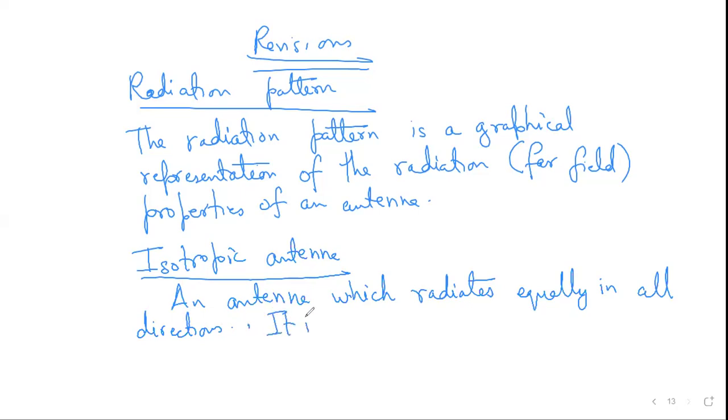It is a point source and you can draw the pattern of that. It's a sphere. The isotropic antenna is a point source. Finish. This is the isotropic antenna. Everybody okay with this definition? Yes, ma'am. It's like a ball.